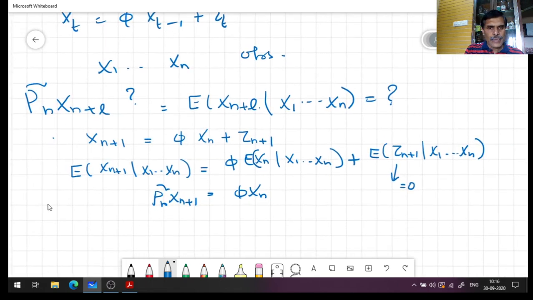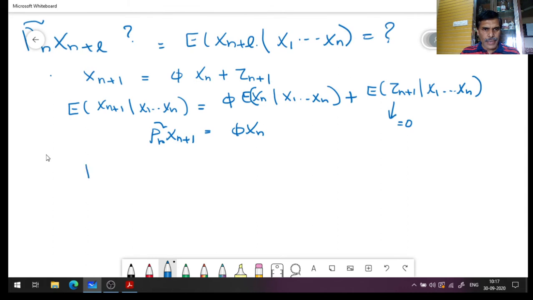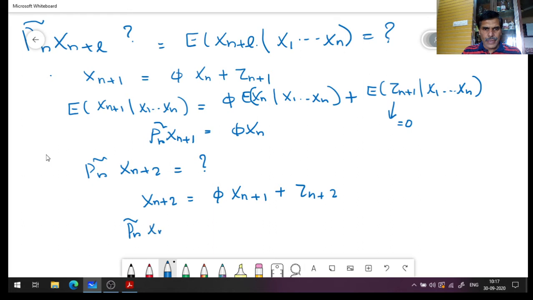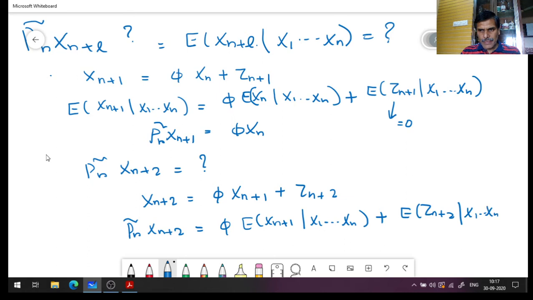Now if you continue this, suppose you want P_n X_{n+2}. So I need to compute this. Your equation is X_{n+2} equals phi of X_{n+1} plus Z_{n+2}. If you do the same thing here, we can see that P_n X_{n+2} is equal to phi times the expected value of X_{n+1} given X_1, X_2, ..., X_n, plus Z_{n+2} given X_n.